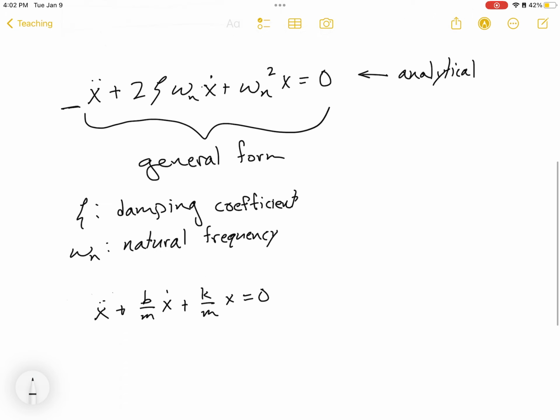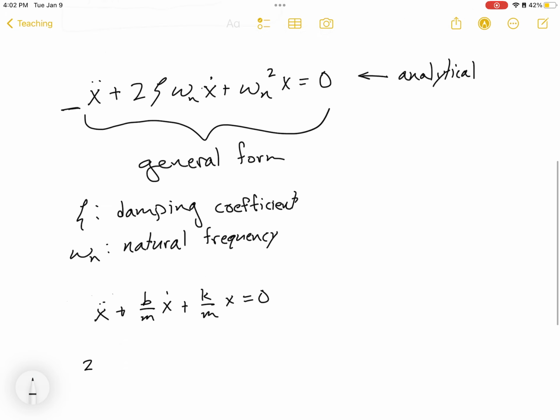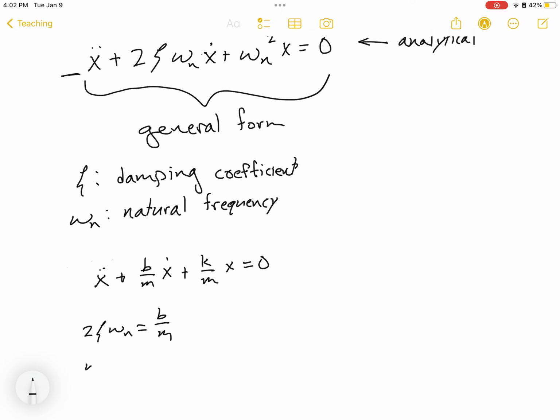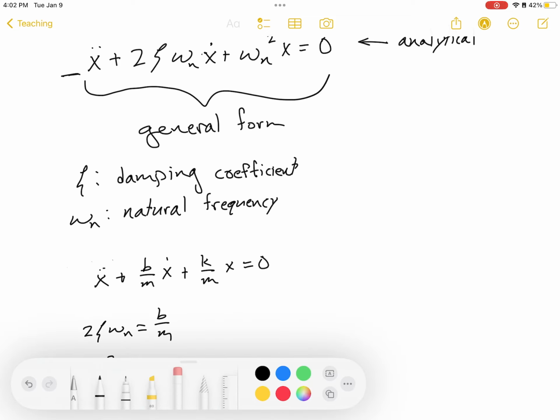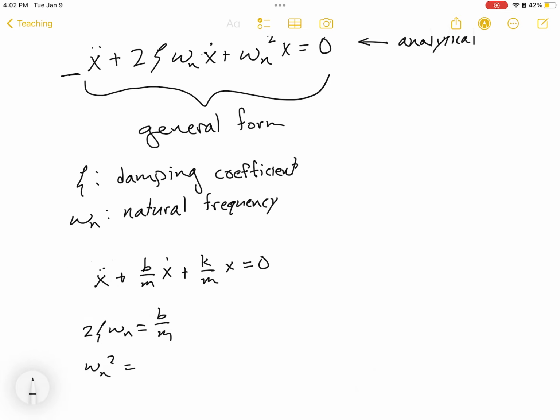And then we can relate these things. So 2 zeta omega n is equal to b over m. That's just because the coefficients are all the same. And omega n squared equals k over m.